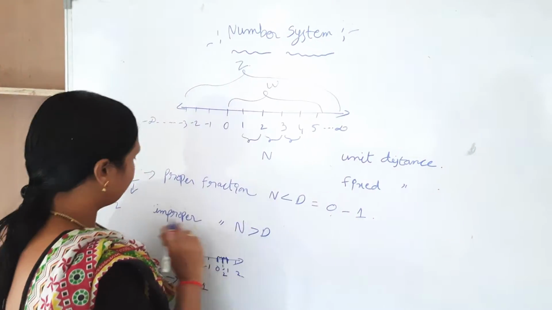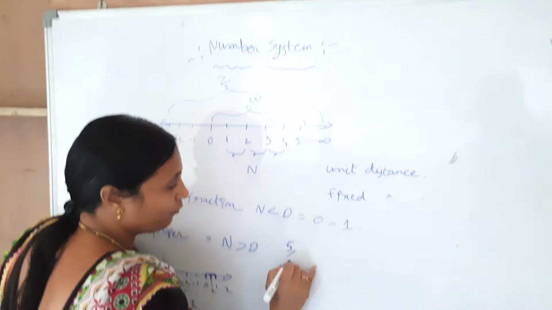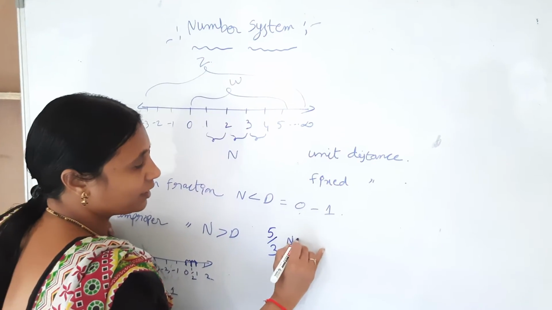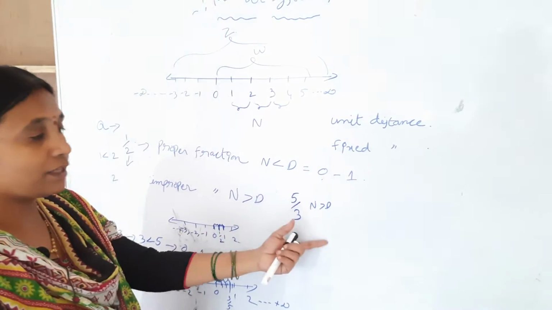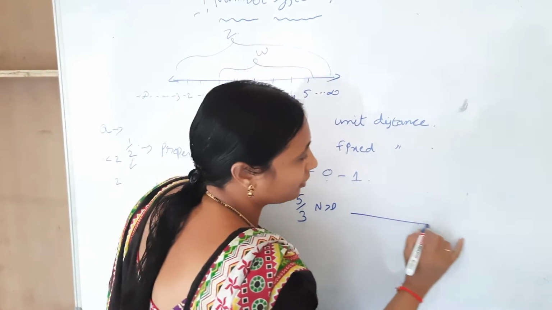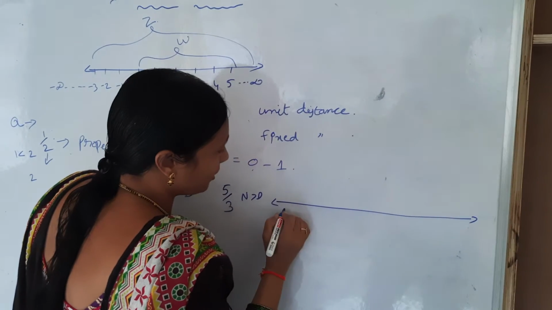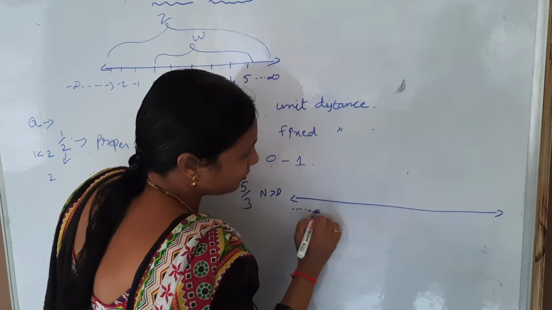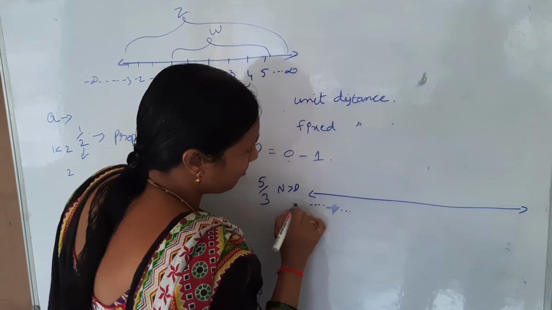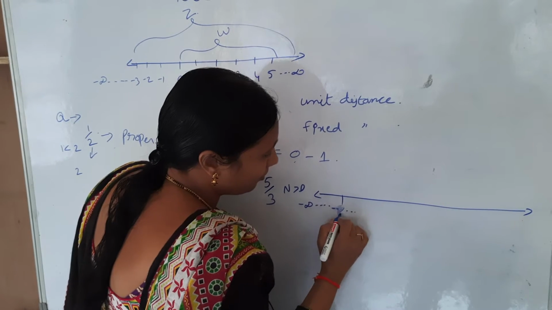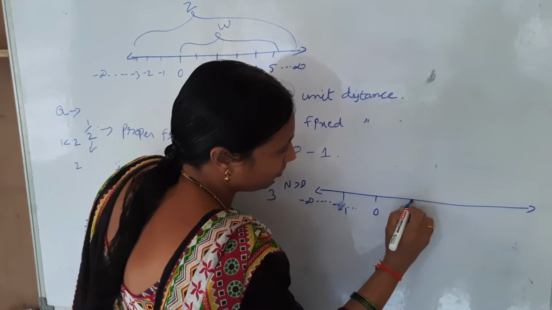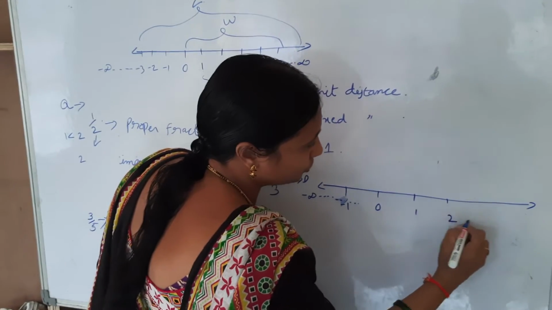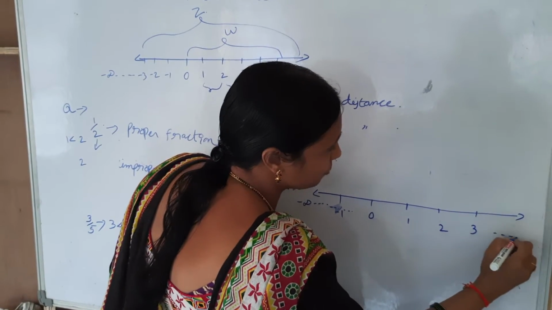Next I am taking the improper fraction, that is 5 by 3. Here the numerator is greater than the denominator. How can we represent this number on the number line? I am taking the numbers minus infinity, minus 1, 0, 1, 2, 3, and so on.